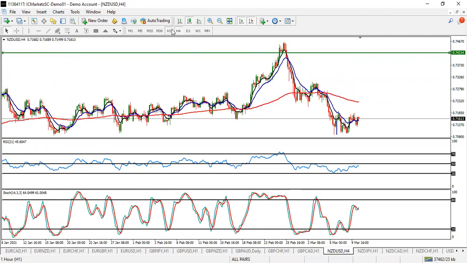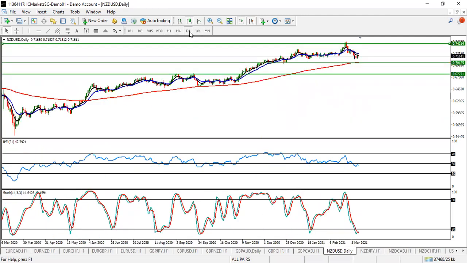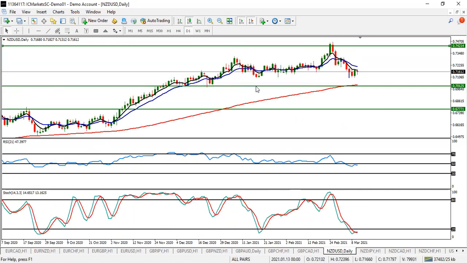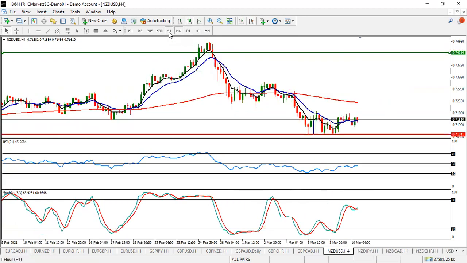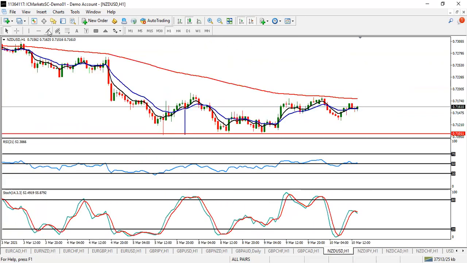The support has not been tested on daily. We can see a minor support right here, which price is currently dancing to the tune of, but let's see what the market is going to present to us. Based on our strategy, this pair is still good for a sell.